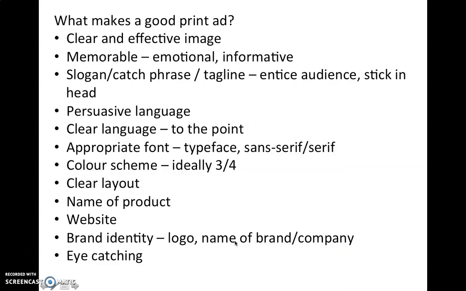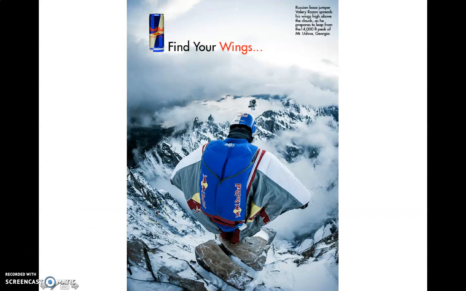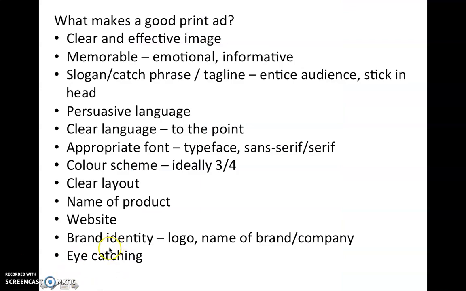It's a clear layout, we can see that as well. The name of the product is very prominent. In this particular one, there are no links to the website, but you often see that in print adverts. Brand identity is obvious. The logo, the name of the brand company is in the top left, but also all over the stuntman's clothing. It's eye-catching for a number of reasons, as I mentioned before.